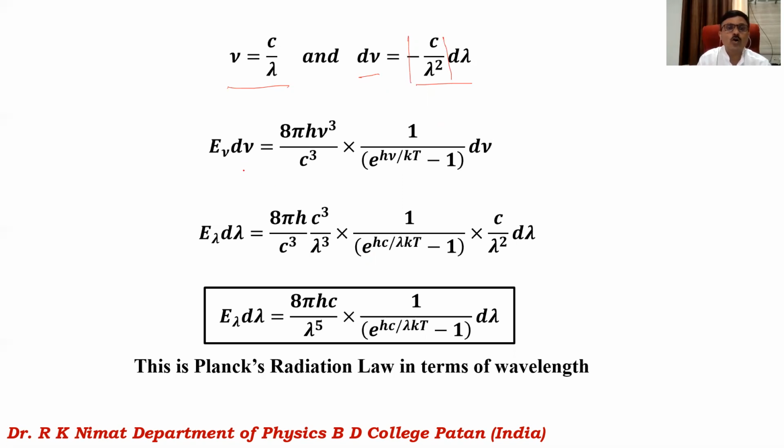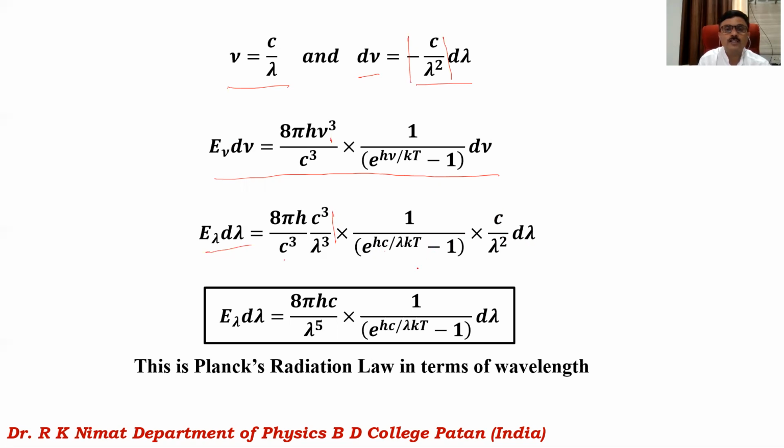And if you put the value of nu is equal to c by lambda in this expression for Planck's radiation law, you will get E lambda d lambda is equal to 8 pi h by c cube, which will remain as it is. This nu cube can be replaced by c cube divided by lambda cube, and this h nu can be replaced by hc divided by lambda, so that we get e raised to hc by lambda kT minus 1, and this d nu can be replaced by its modulus value c divided by lambda square d lambda.